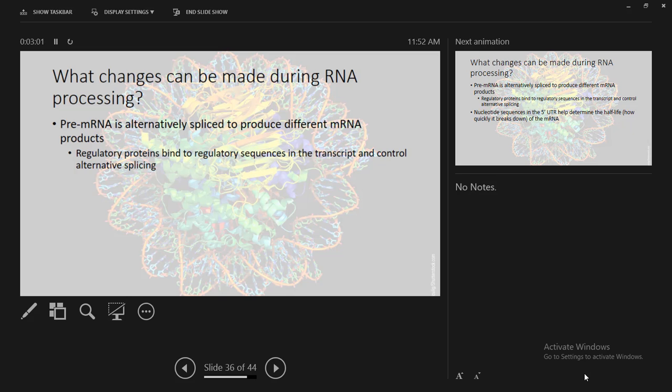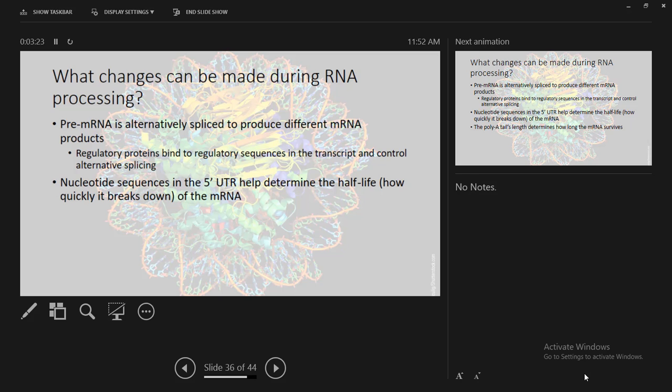And so those regulatory proteins are cell specific. So the same gene will be cut differently in a liver cell than it would be in an epithelial cell. Okay, because those cells are transcribing different regulatory proteins.